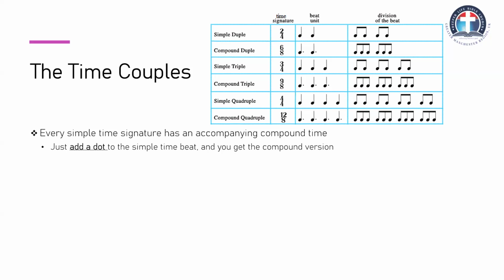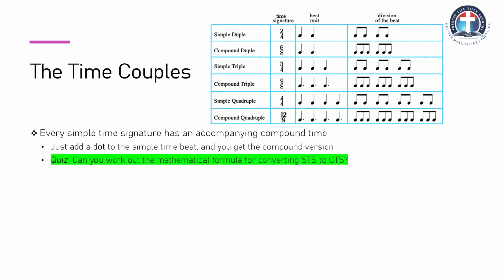So I will say 2 dotted beats, but when I'm writing it down, I will convert those dotted beats to the quaver notes, so it will give me 6/8. So you see that 6/8 comes from 2/4, 3/4 gives birth to 9/8, and 4/4 produces 12/8. That is how you get compound time signature from simple time signature.